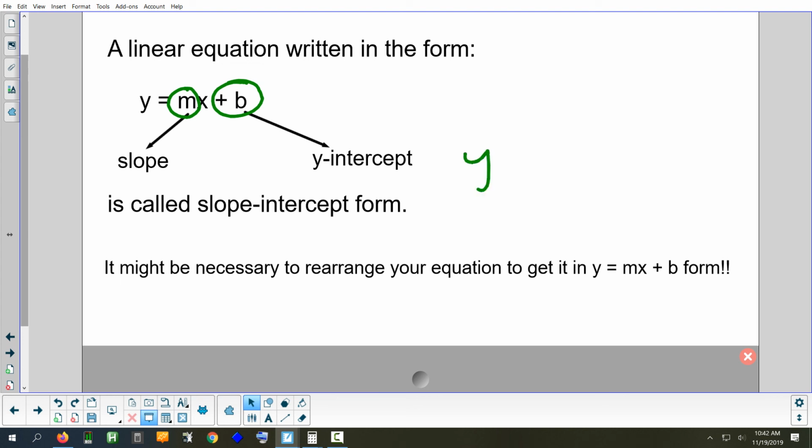I might give you something like this. Is that y equals mx plus b? No. Y equals means the y is alone. How would you get rid of this negative 2 and put it on the other side? Add 2. And you get this.